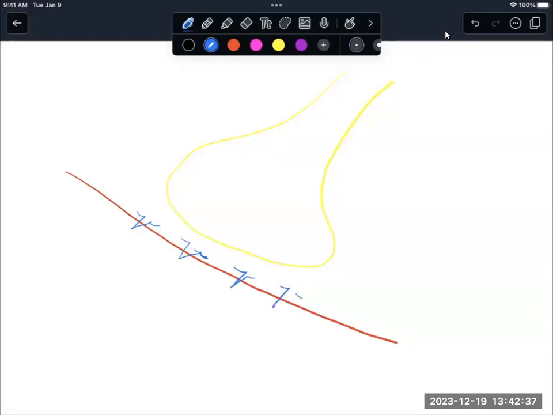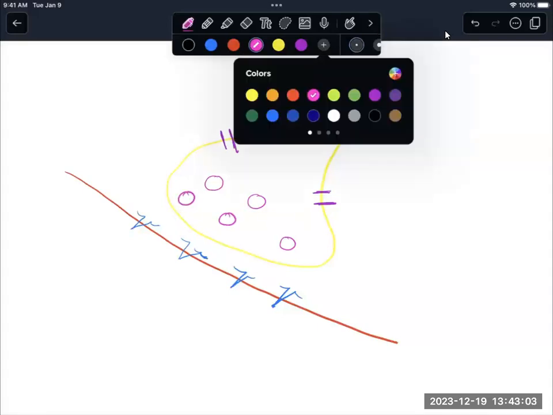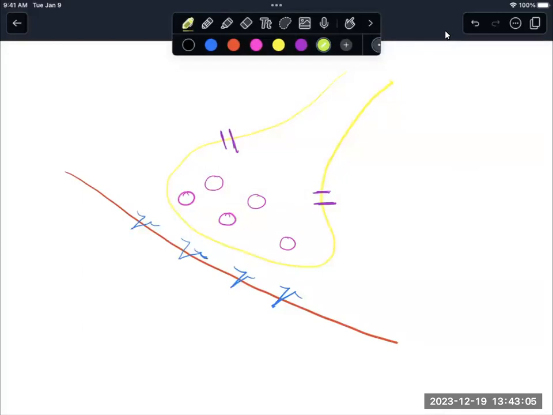These little channels are currently closed. On my nerve, I've got these other channels coming in on both sides. I have synaptic vesicles found within my nerve. Inside those synaptic vesicles, I have acetylcholine.